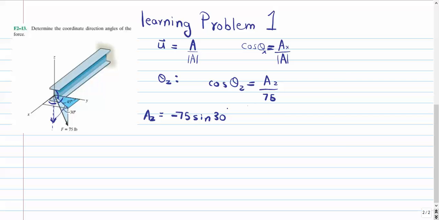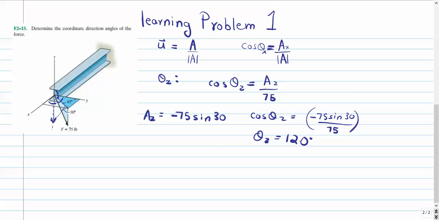Okay, so now that we have AZ, we can solve for theta z. Substitute AZ into the equation, and we get negative 75 sine of 30 divided by 75. So after taking cos inverse of this, we get theta z equals 120 degrees.